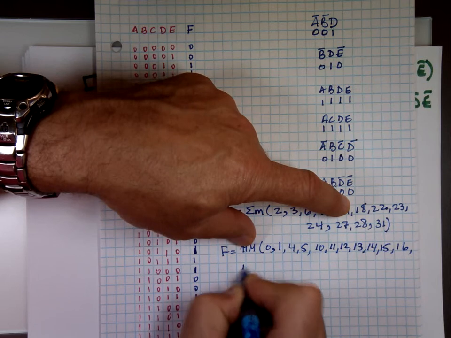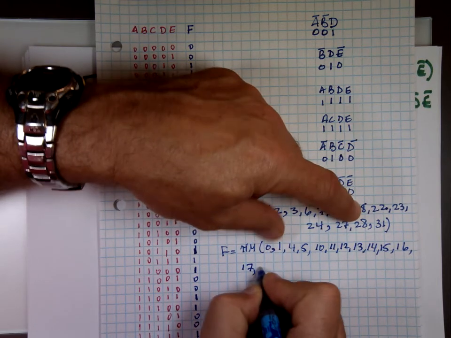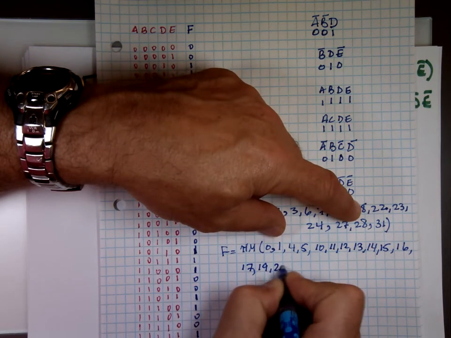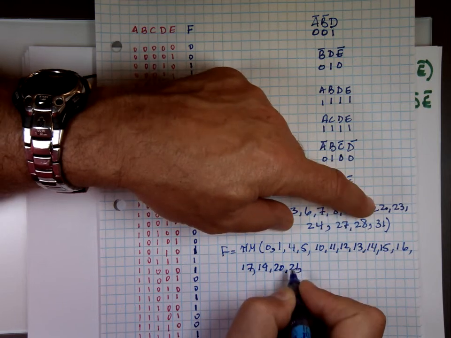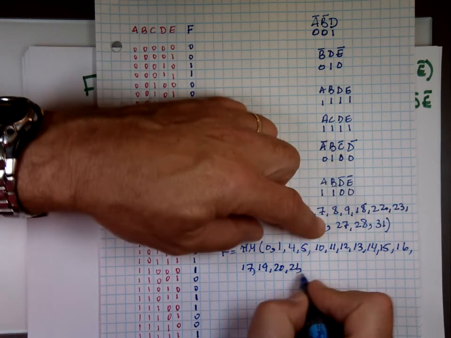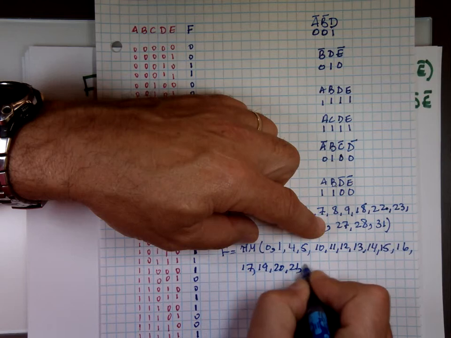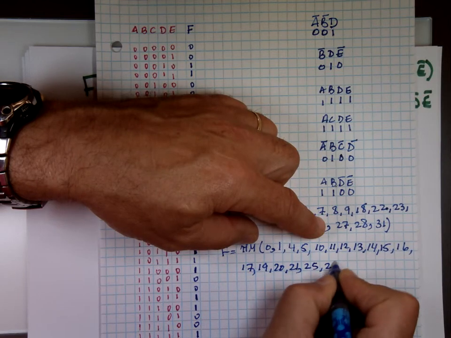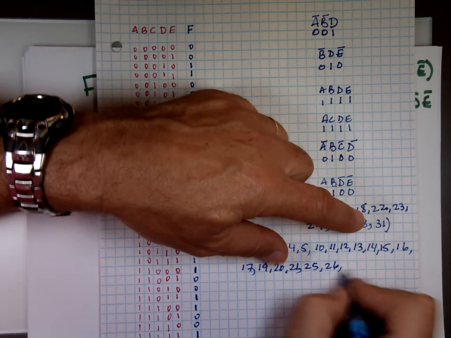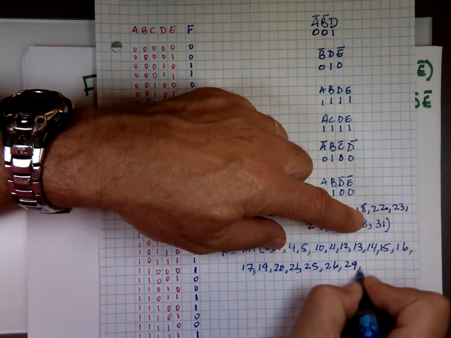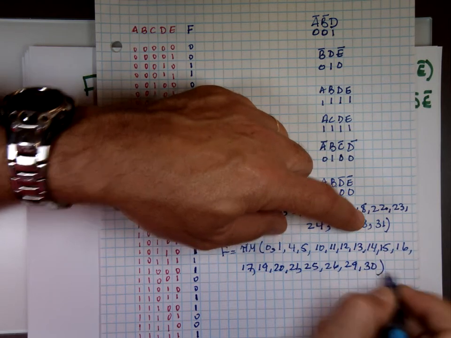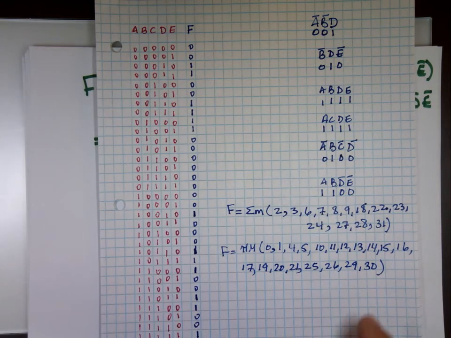I already used the 18, 19, 20, 21, 22, 23, 24, 25, 26, 27, 28, 29, and 30. That's where the function is 0. There's no 32. 0 to 31.